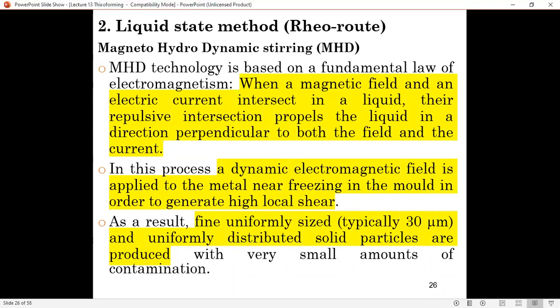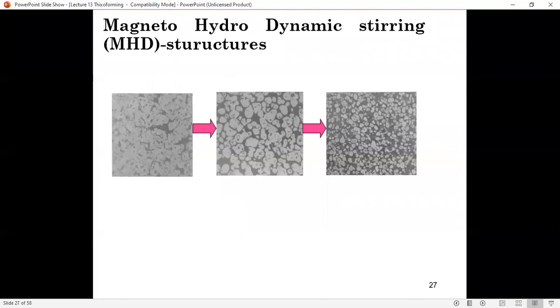So it's broken down, and as a result you have fine, uniform-size solid particles produced, typically 30 microns. Looking at the structure, as you go into the stirring, at the end of it you can get a spherical globular structure.